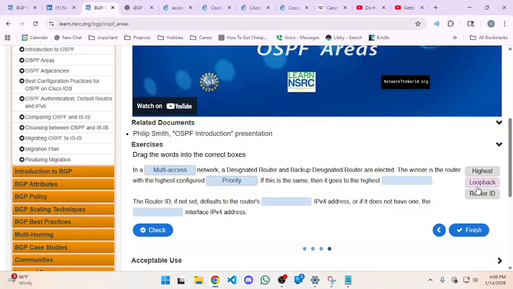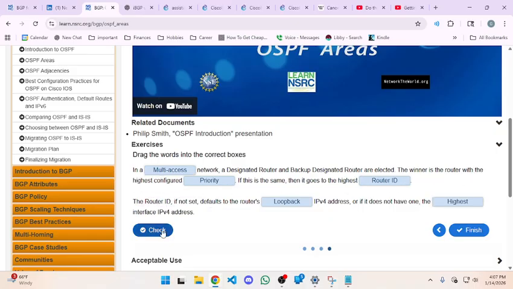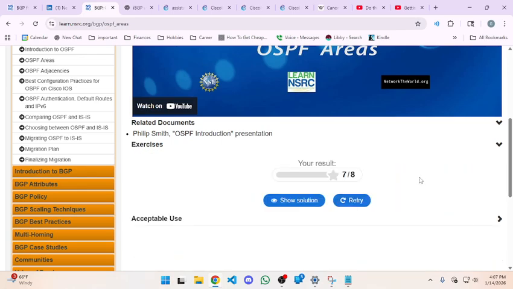If this is the same, then it goes to the highest router ID. The router ID, if not set, defaults to the router's loopback address, or if it does not have one, the highest interface IPv4 address. There we go.